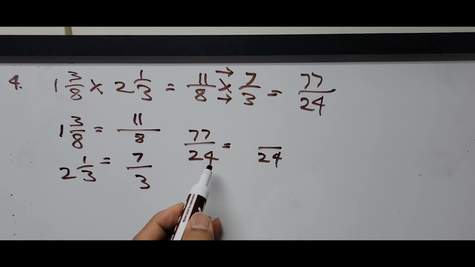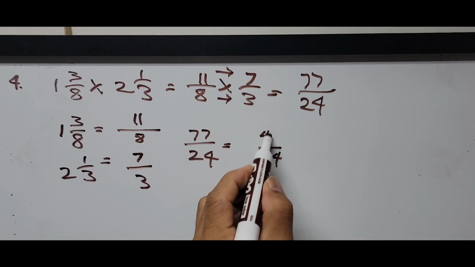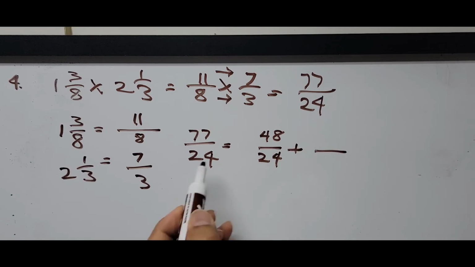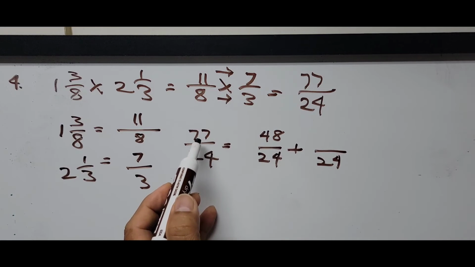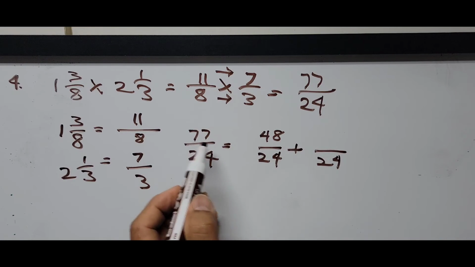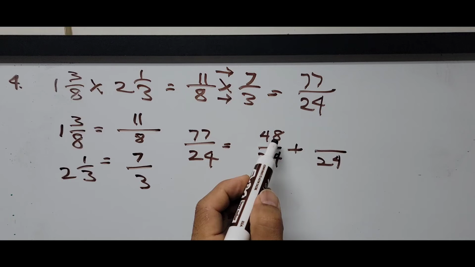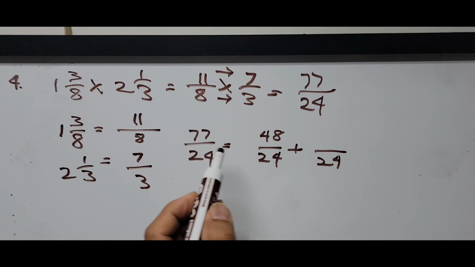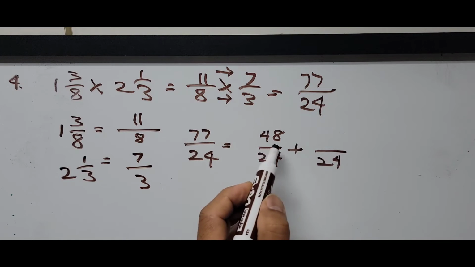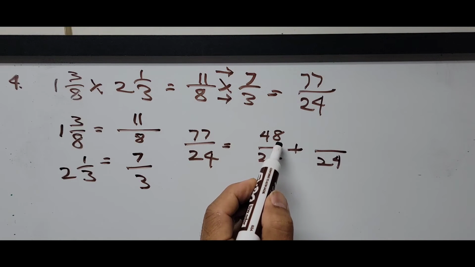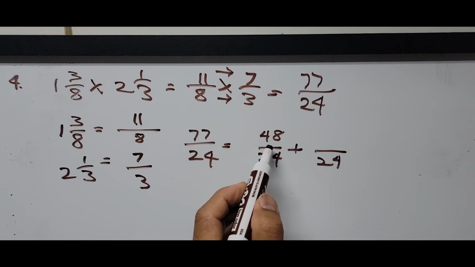So that means 2 times 24 is 48. Then plus, you have to write down 24 again. We have taken 48 out of 77 already. What remains of the 77 out of 48? That is 29, right? So 29 plus 48 is 77.